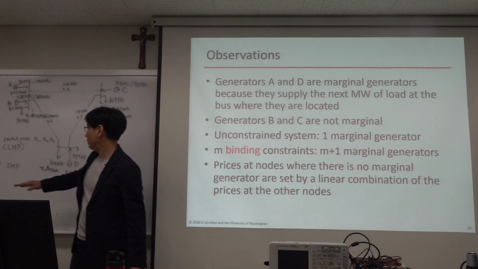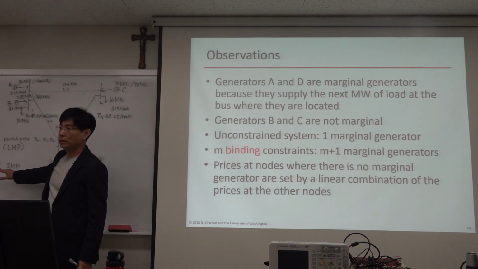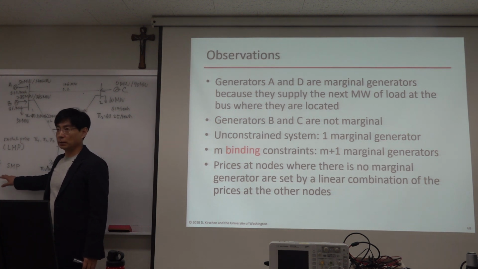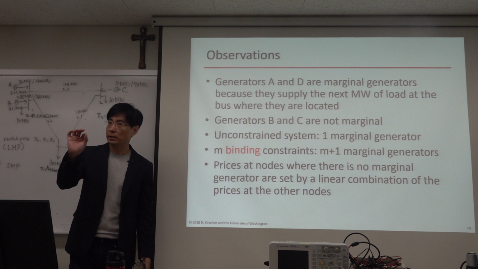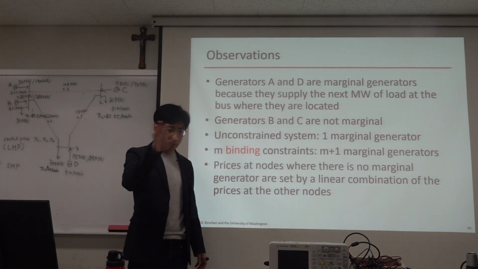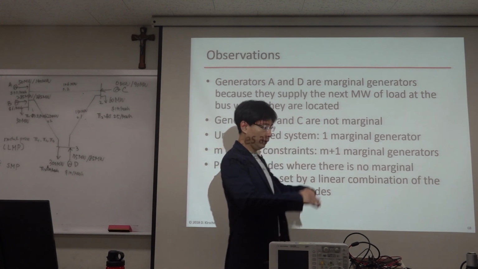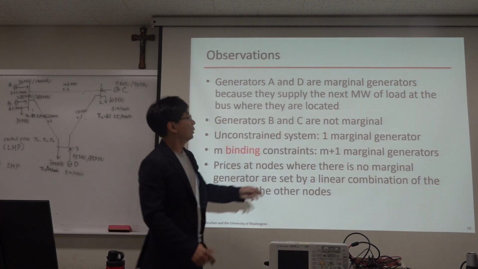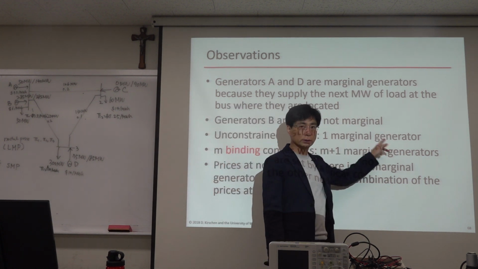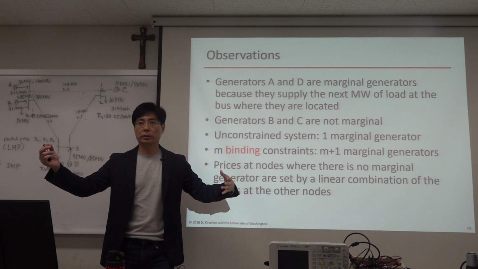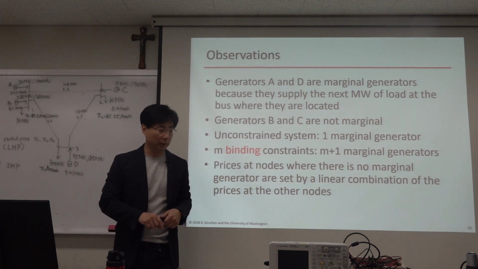The system marginal price, SMP, is determined by the most expensive generator. So the most expensive generator is called the marginal generator. So when there is no constraint, infinite capacity, all the generators and loads are connected in a single bus, we have one marginal generator. Even if we have several generators, the most expensive one determines the SMP.